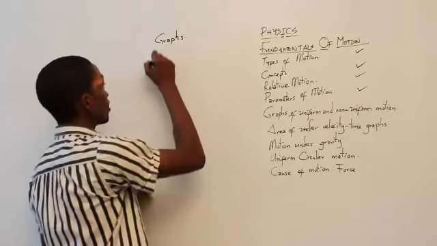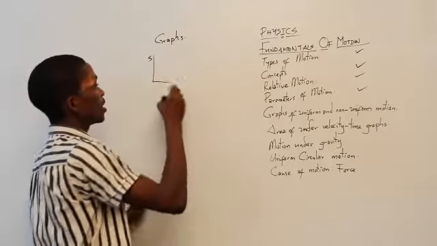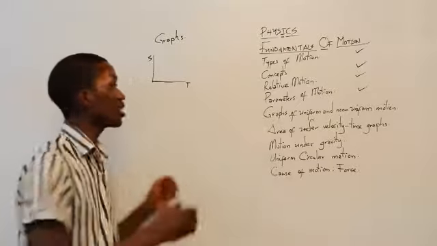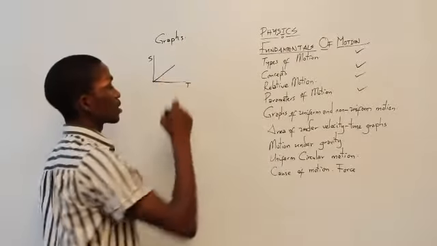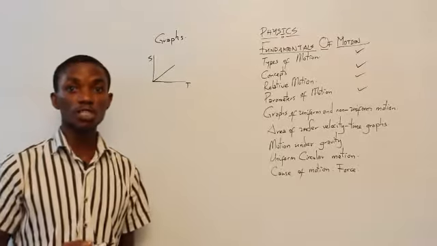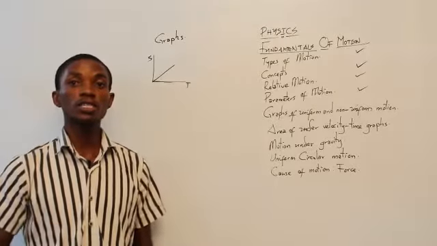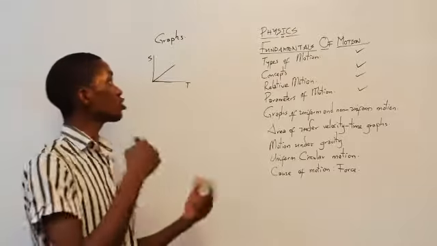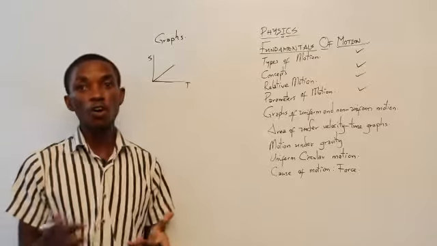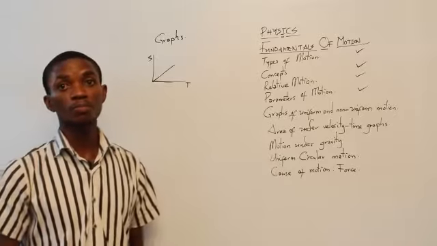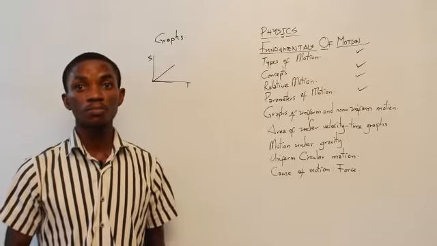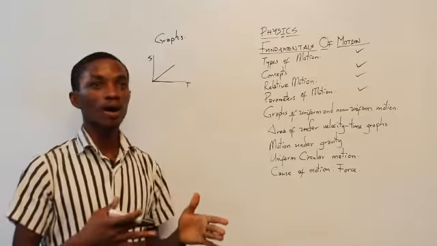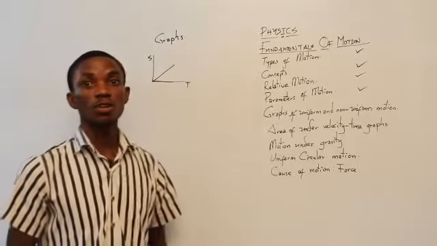In a distance time graph, represented by S and T, a straight line indicates uniform velocity. That is, the body is moving at a uniform velocity. Now, if this straight line becomes wavy or curved, it shows it is non-uniform. So, that's how we are able to detect from our distance time graph.